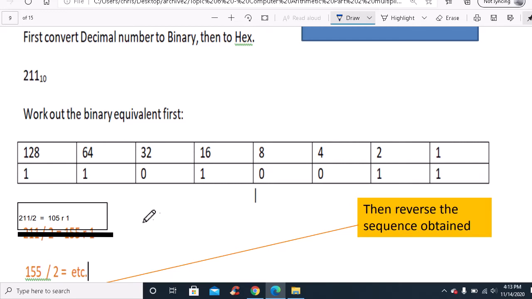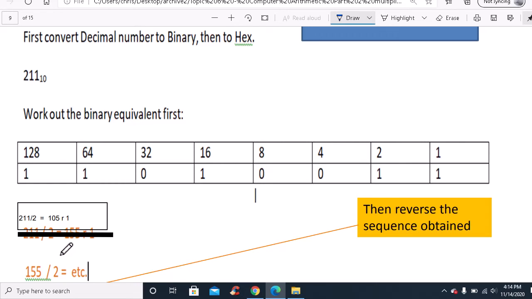Well, the answer is that you divide the number that we started with, 211, by 2 repeatedly, and I get 105 with a remainder of 1. Okay, and then you divide 105 by 2 again to get 52 remainder 1.